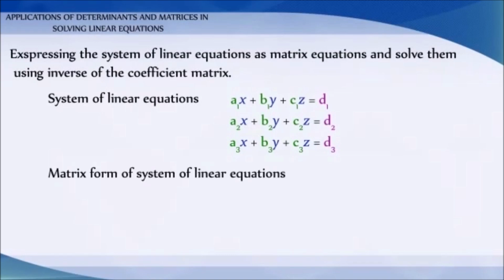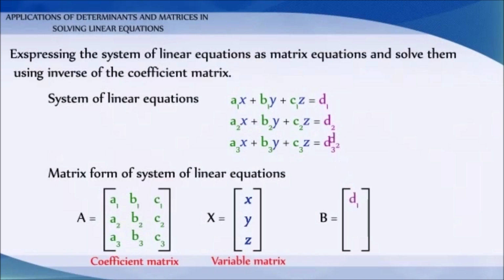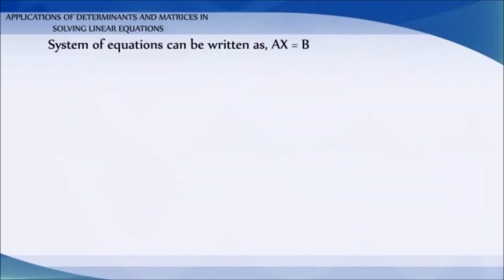This system of equations can be expressed in matrix form as: matrix A is equal to a1 b1 c1, a2 b2 c2 and a3 b3 c3, that is the coefficient matrix, and matrix X is equal to x, y, z, the variable matrix, and matrix B is equal to d1, d2, d3, which is the constant matrix. Then the system of equations can be written as AX is equal to B.